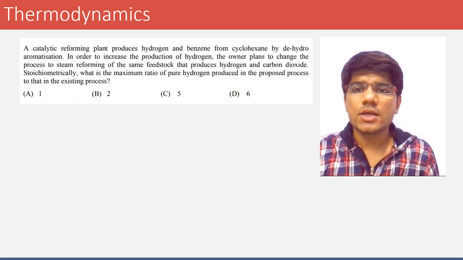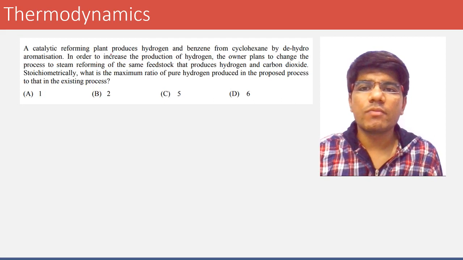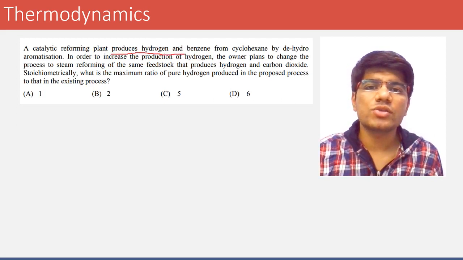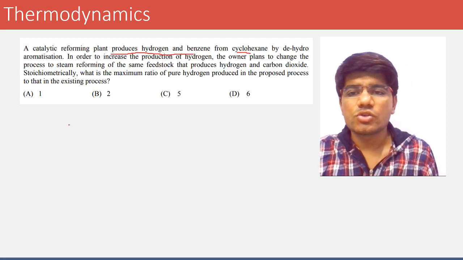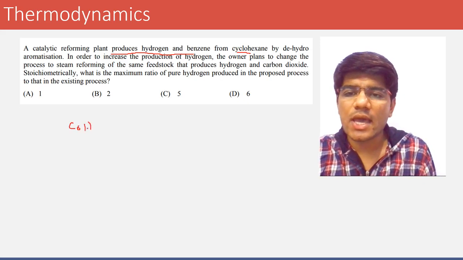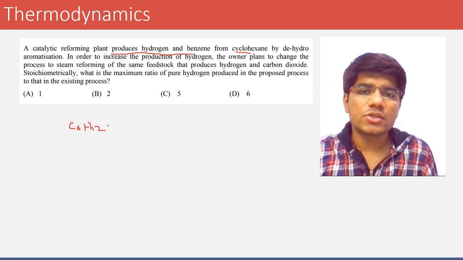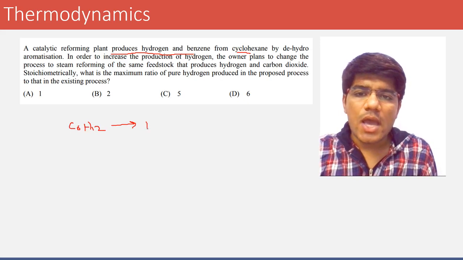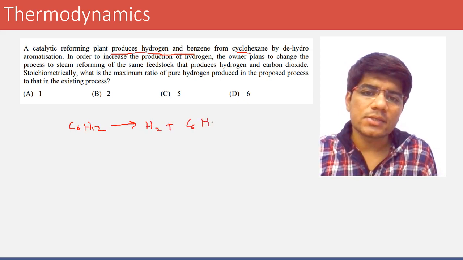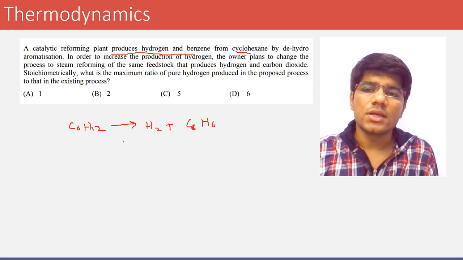Now the next question is given as: a catalytic reforming plant produces hydrogen and benzene from cyclohexane. So cyclohexane is C6H12. C6H12 gives H2 plus C6H6. This is given in the question.